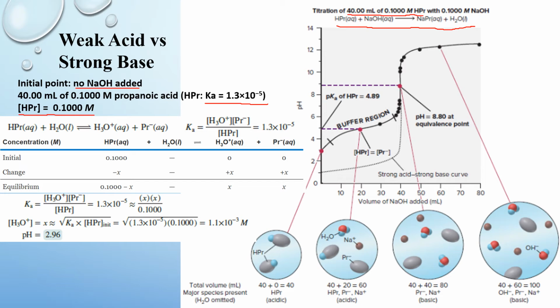However, in this case, because it is a weak acid, it won't dissociate 100%, so we have to consider the equilibrium condition. When this weak acid dissociates in water, it generates small amounts of proton and its conjugate base, and we can express the Ka using this term here.